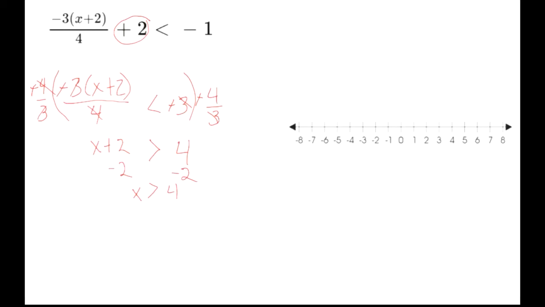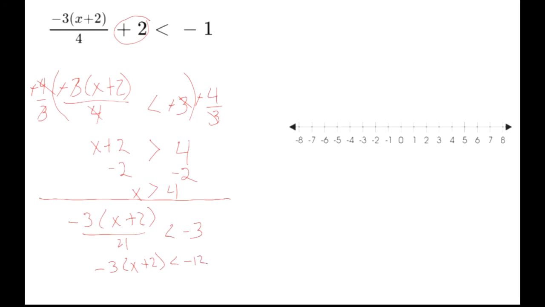Now I do want to do a little aside here. So what if you didn't remember that you could just do the reciprocal? Well, let me write it back down. Negative 3, x plus 2, all divided by 4, is less than negative 3. Well, I could just multiply both sides by 4. So I get negative 3 times x plus 2 is less than negative 12.